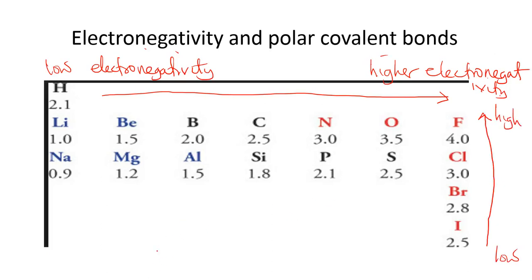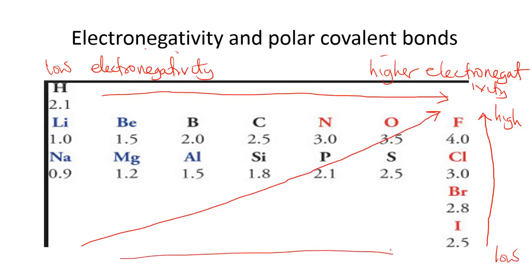So in terms of the trends, electronegativity looks like this. It increases as we go this side and increases as we go up. So it gives us this kind of an arrow, where as we go this way, we see an increase in electronegativity.